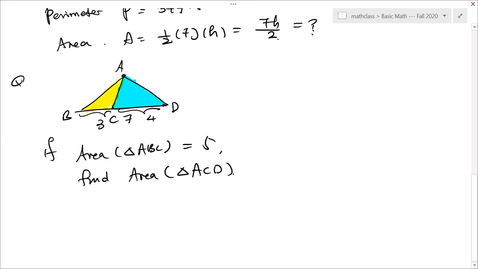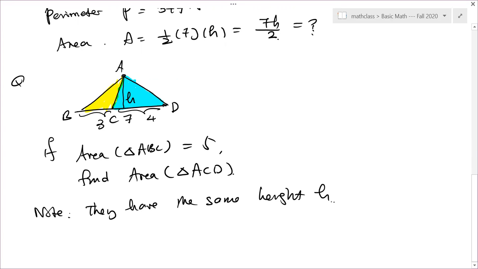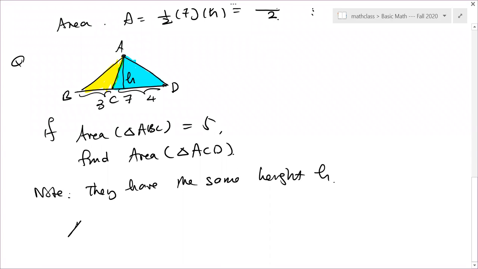Let's look at this one. These two triangles have the same height. So note that they have the same height, H. For the area of triangle ABC, I get half of the base times the height, which is going to be 5.